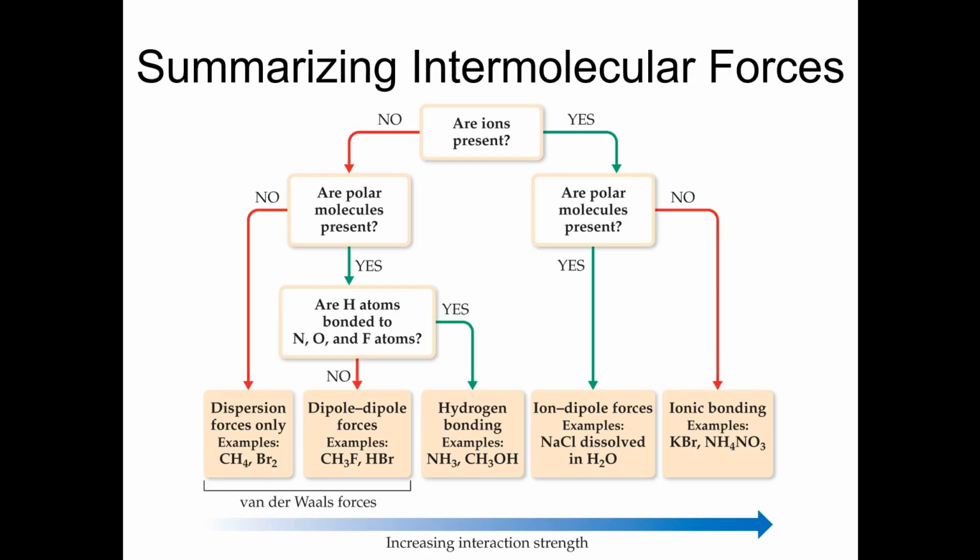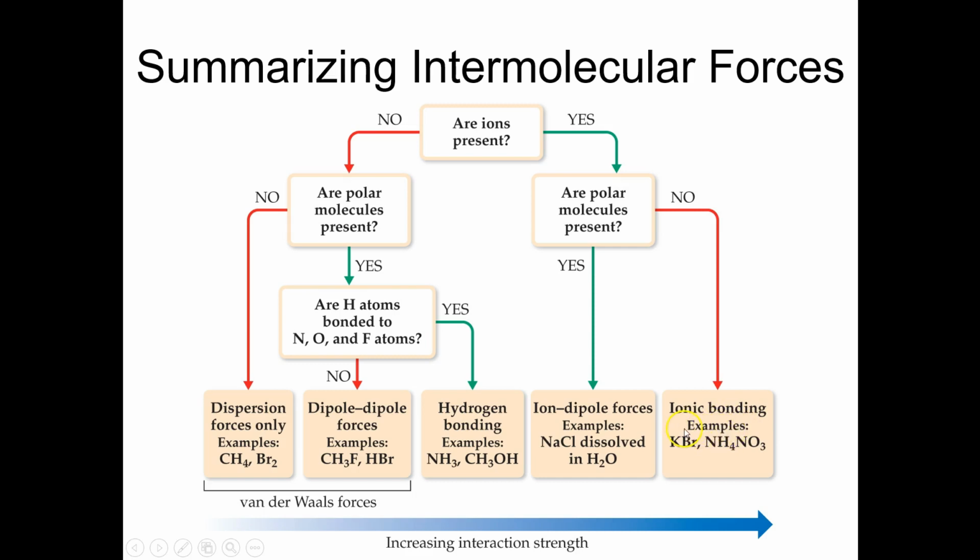You have this flow chart here. This is also in your textbook. It really just talks about how you would take a look at a particular substance and, going through this flow chart, decide whether the operative intermolecular forces are going to be dispersion forces, or dipole-dipole forces, or hydrogen bonding, and then stronger than that would be an ion-dipole force, and then finally the strongest interparticle force, and I like your book for treating ionic bonding this way, would be ionic bonding.